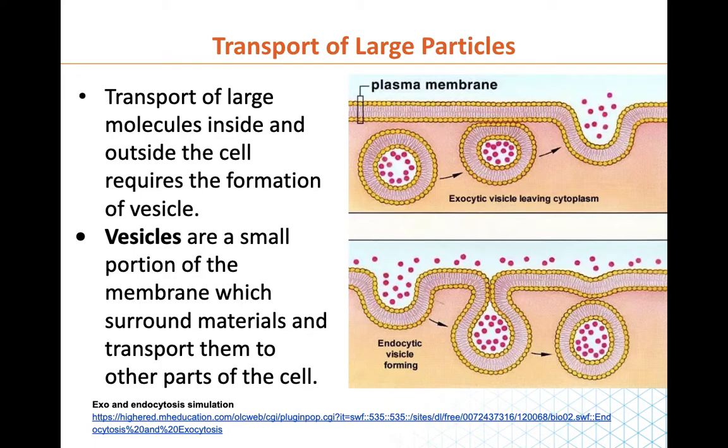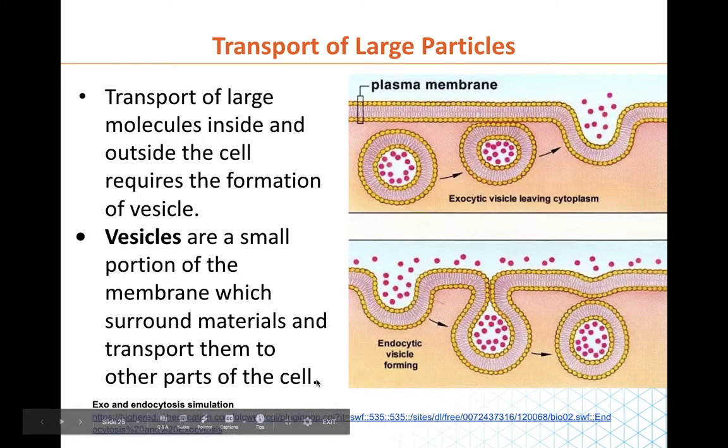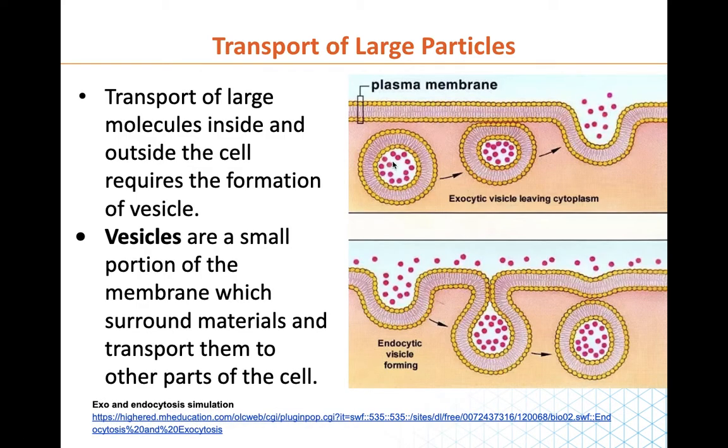All right, so the transport of large molecules inside and outside the cells requires the formation of a vesicle. Vesicles are small portions of the membrane which surround materials and transport them to other parts of the cell. So as you can see here, as a material decides to exit the cell, a larger material, it is surrounded by a layer of cell membrane.